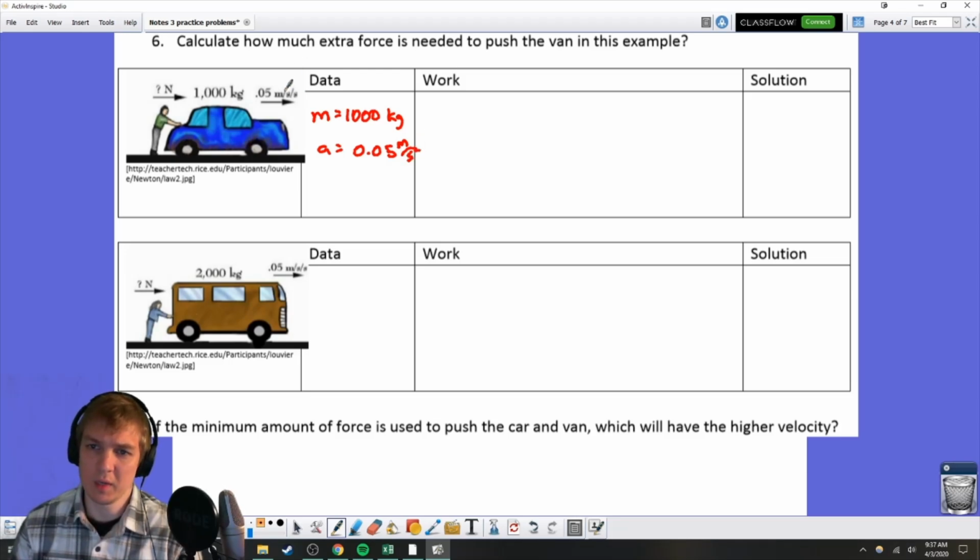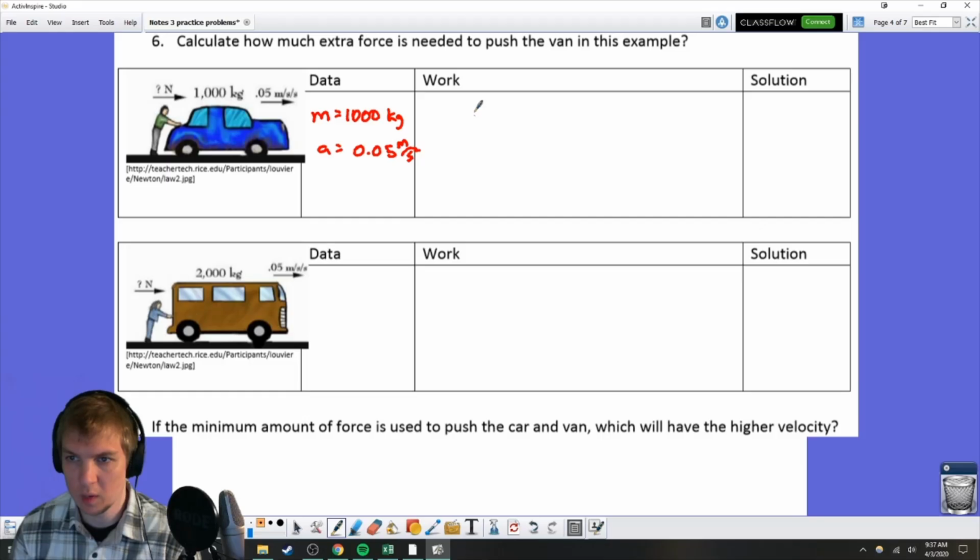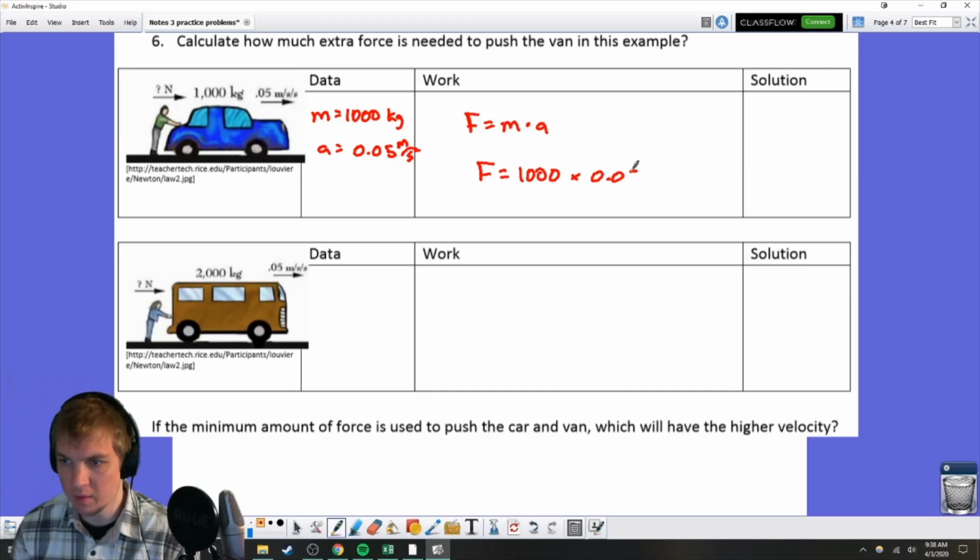I know up here it says meters per second, but you could just rewrite that as meters per second squared. We want to calculate that force, which is mass times acceleration. So force is equal to 1,000 times 0.05.